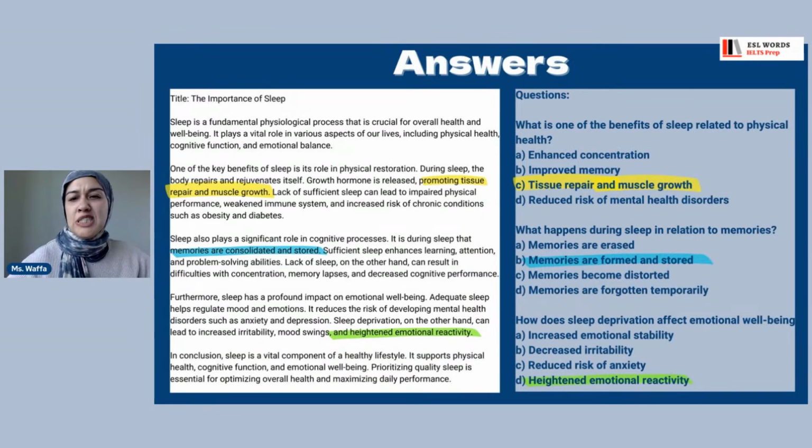If you don't have sleep, you know it's not A, you know it's not B. Decreased irritability, no. Reduced risk of anxiety, no, it doesn't reduce the risk of anxiety. It probably gives you more anxiety when you don't get sleep. So you know the answer is D, heightened emotional reactivity, because that's what is written in the exact passage, guys.